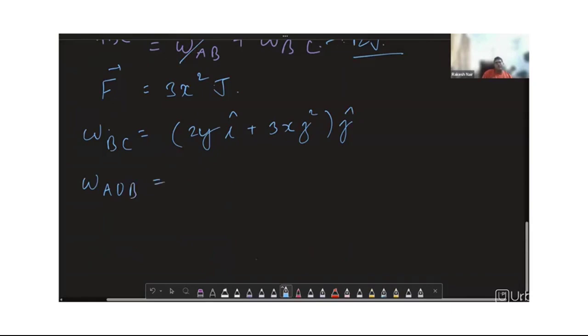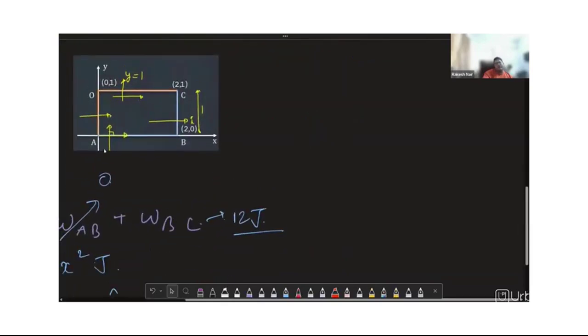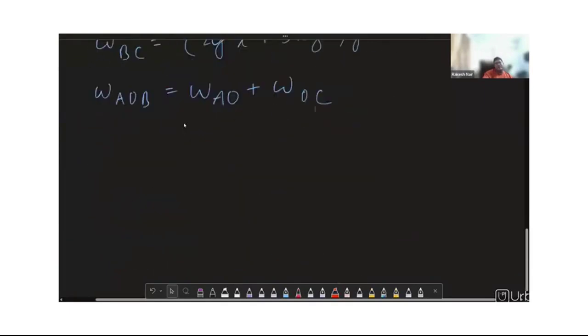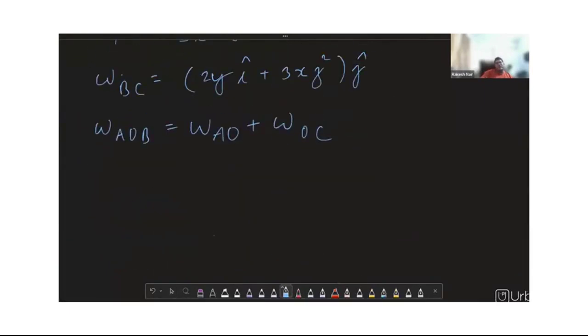Work done by AOC will be the path AO, the same thing we wrote for ABC. Now for AOC, again AO is along the axis, so the work will be 0 again.